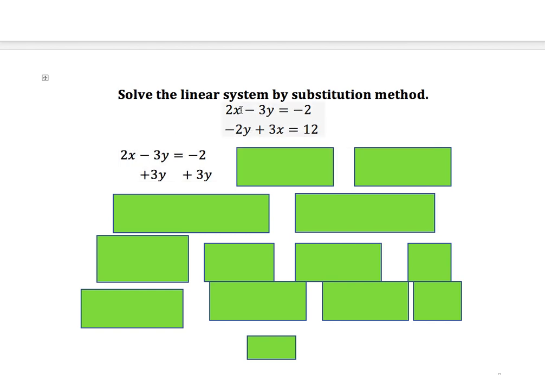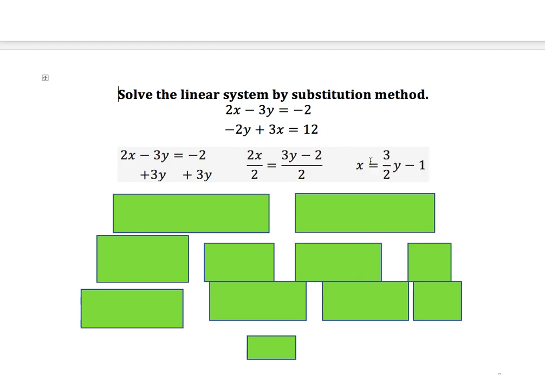So I decided to take the top equation and solve for x. So I added 3y to both sides of the equation, and I got 2x is equal to 3y minus 2. I have to divide both sides by 2 to get rid of this 2.